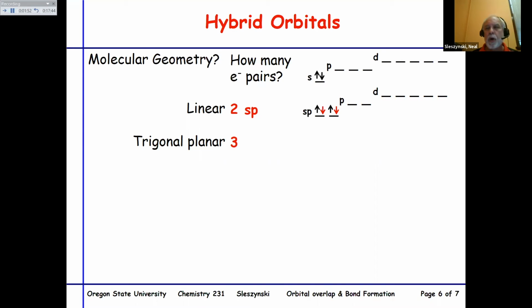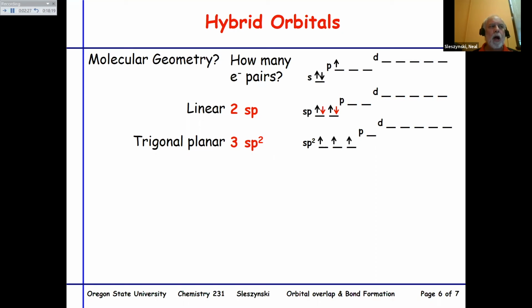Well, we arrived at trigonal planar because there were three repelling electron groups. For atomic orbitals, that would mean we would have two electrons in the s orbital, one electron in the p orbital. But as soon as we need to use those electrons to form molecular bonds, we end up with sp2 hybridization. We've got three electrons. We want to split those three electrons into individual orbitals of equal energy so that they can be used to form molecular bonds.